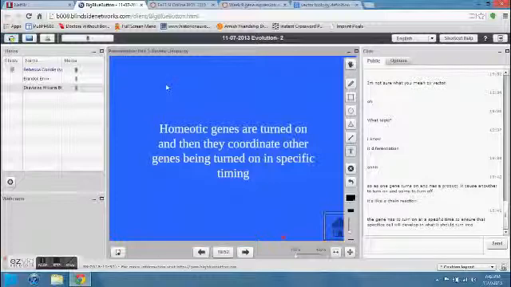It kind of starts a domino effect. It has to happen in specific timing, or else the order gets mixed up and you get funky looking proteins that aren't folded correctly. So a homeotic gene gets turned on, and then it has a domino effect turning on other genes along that open DNA section.